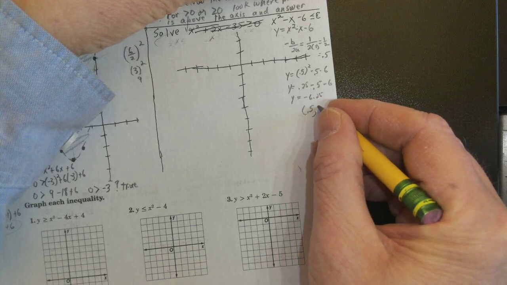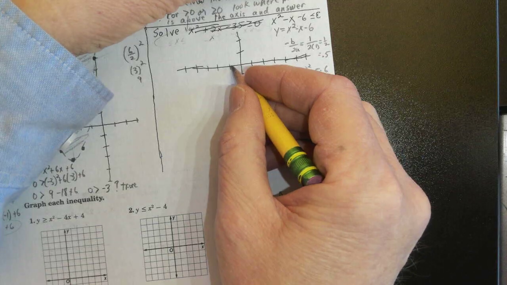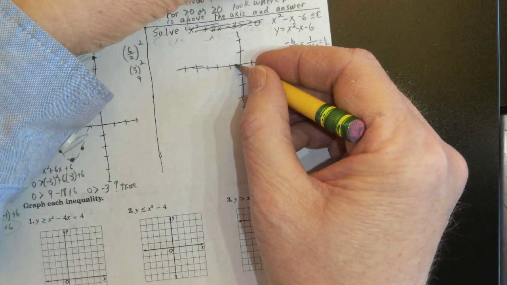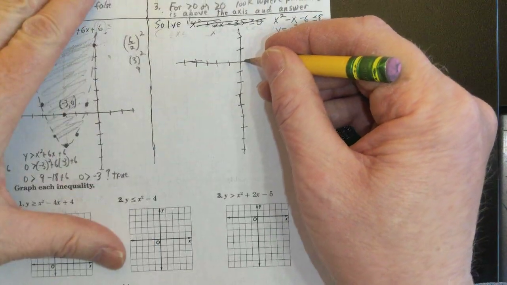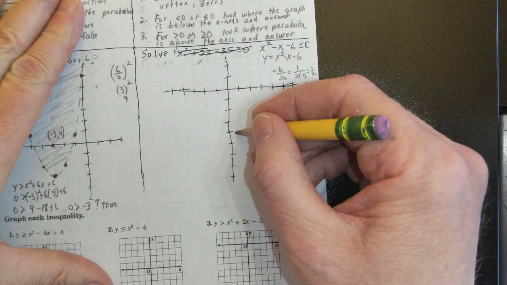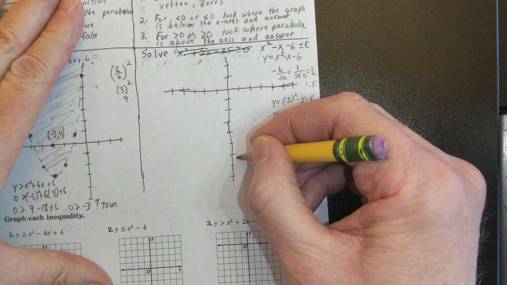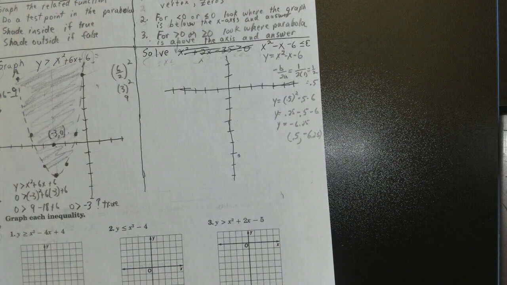So our vertex is 0.5 for the x-coordinate, negative 6.25 for the y-coordinate. 0.5 is this side. I went the wrong side last period. 0.5, negative 1, 2, 3, 4, 5, 6, and some change right here. Negative 6.25.